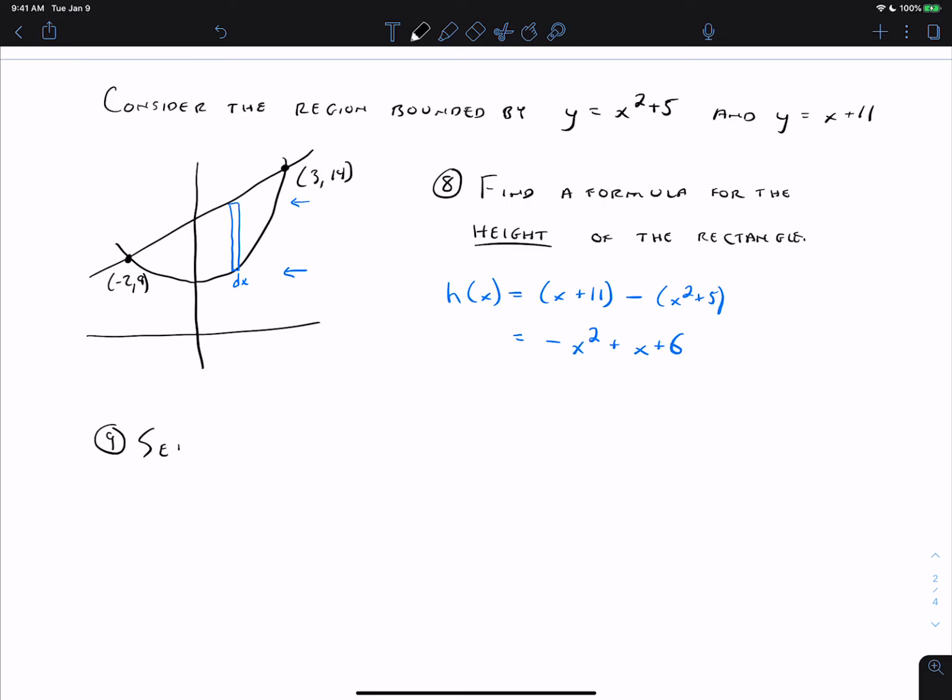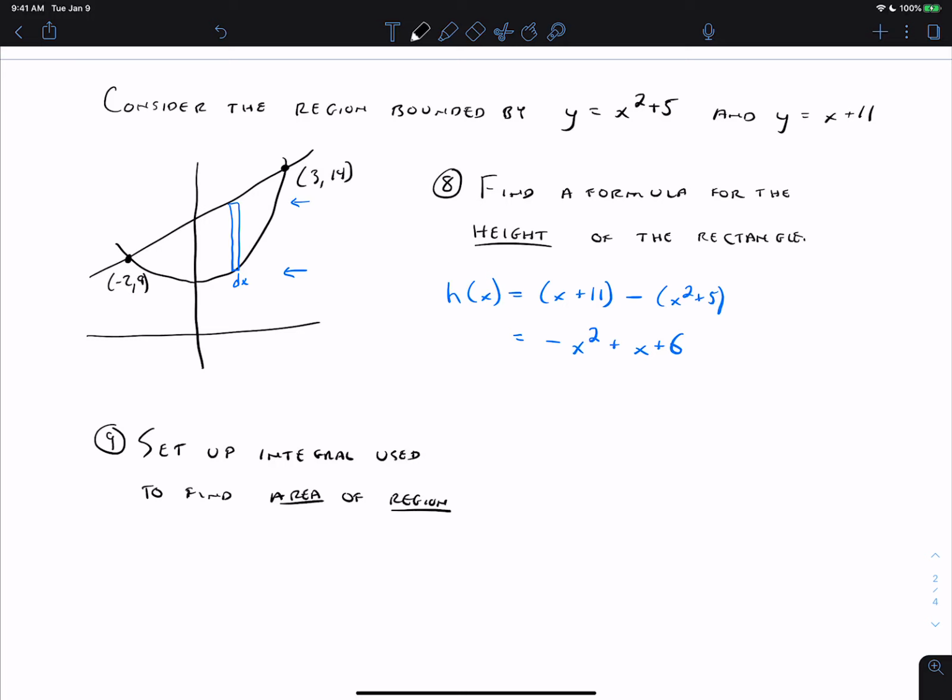So we're just going to set up an integral used to find the area of the region. Not the area of the rectangle, but the area of the entire region. The way we're going to do that is we're going to use the area of the rectangle, and then the integral is going to add up the area of every rectangle within that region.